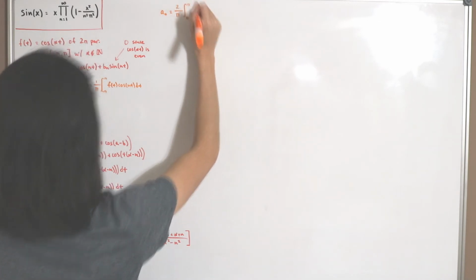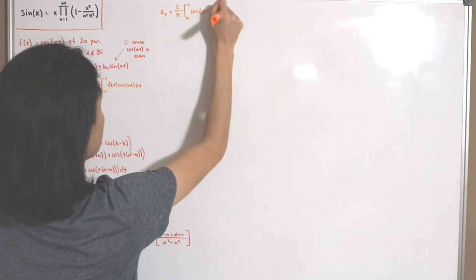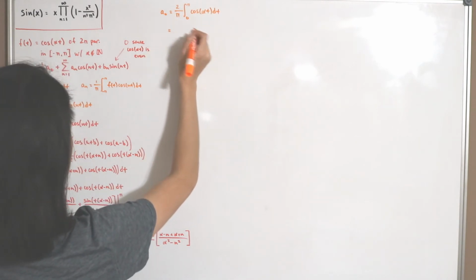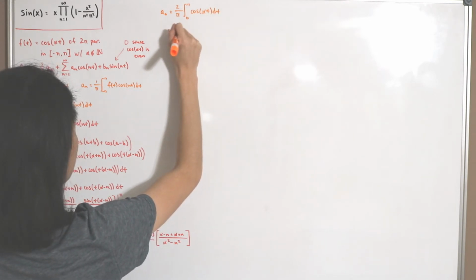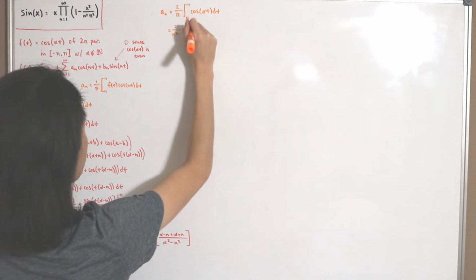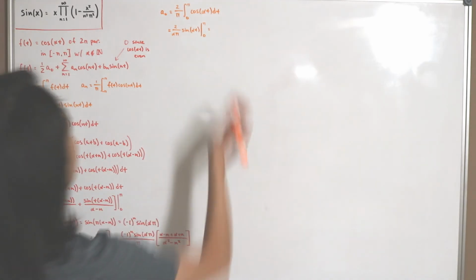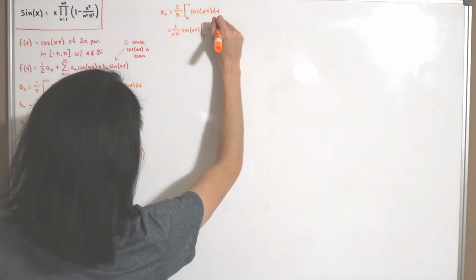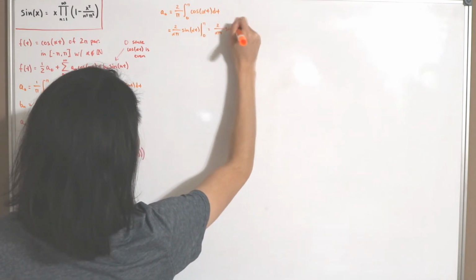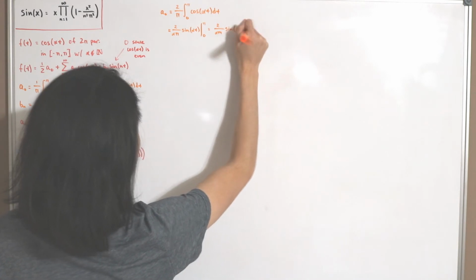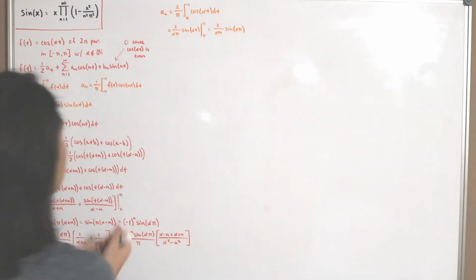Then from 0 to pi of f of t, which is cosine of alpha t dt, which is simply 1 over alpha, and then sine of alpha times t evaluated from 0 to pi. Then we plug pi and 0 in, and we get 2 divided by alpha times pi, multiplied by sine of alpha times pi. I will underline our a sub naught in black as well, just to reiterate what our a sub naught term is.